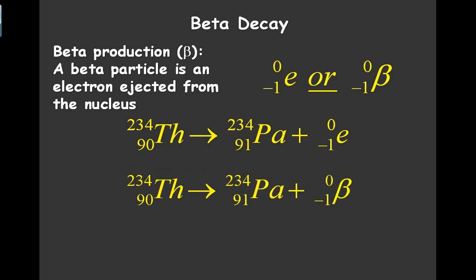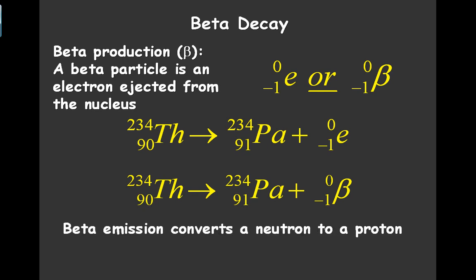Now here's a second example, but again substituting in the beta symbol there for the electron symbol. Now this occurs during all kinds of emissions. So it can also occur when you have a large radioactive nuclei emitting particles. And again, there at the bottom, beta emission converts a neutron to a proton.